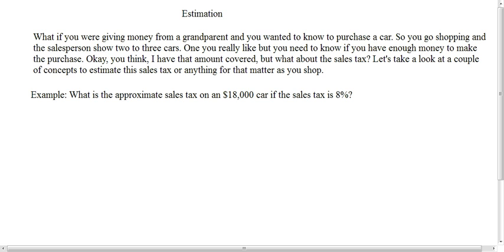What if you're given money from a grandparent and you wanted to know if you could purchase a car?